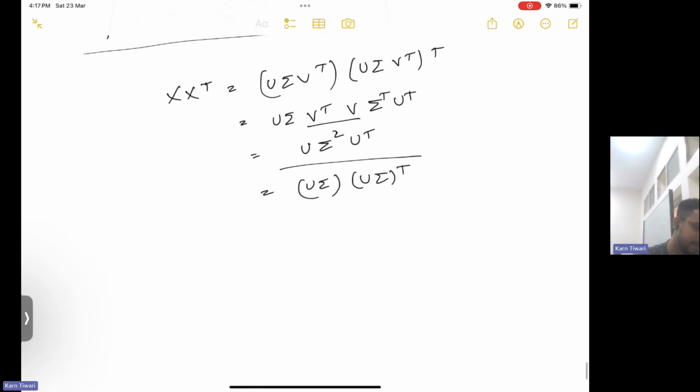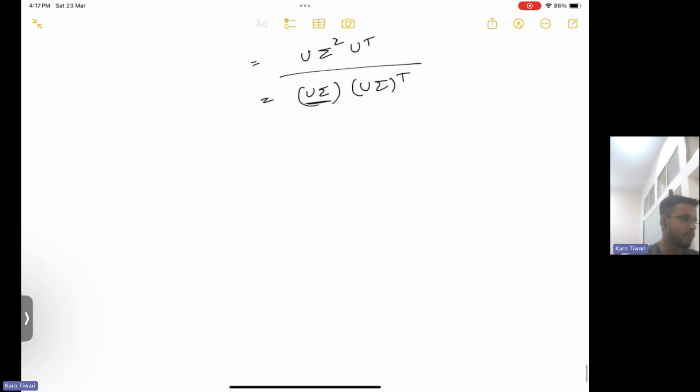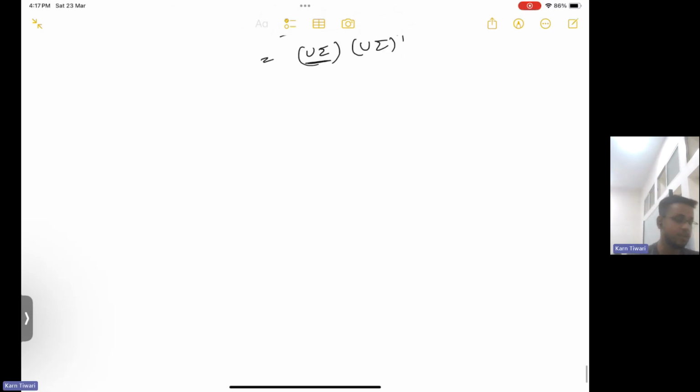U sigma is the representation for the word, and V in the singular value decomposition is the context. So U sigma gives the representation for the word, and V gives us the context onto which we are projecting our U sigma. So that was about the distributed representation, moving from words to vector form.